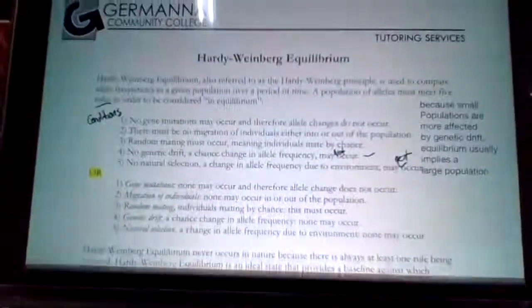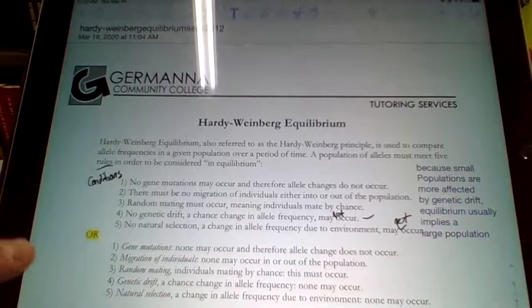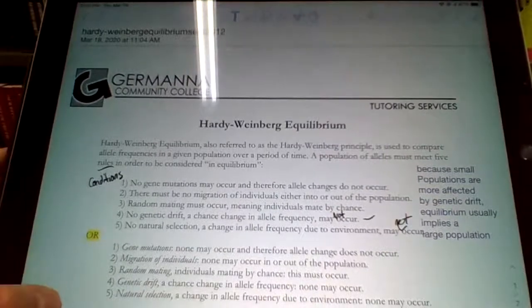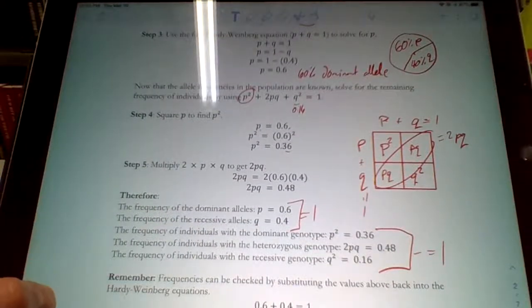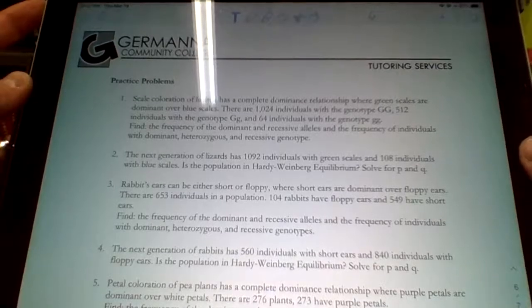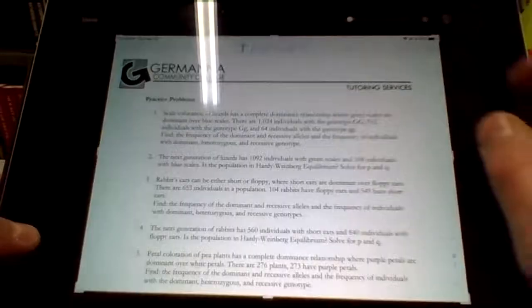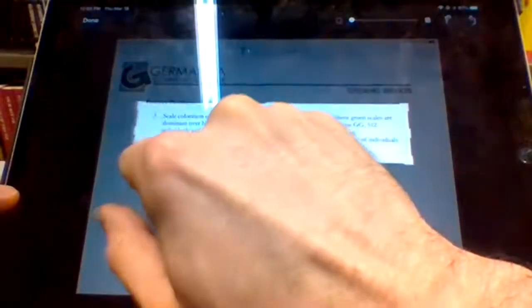Yesterday we started working on this booklet, this handout, and I posted this on the classroom. I'm going to show you a couple of different approaches. One of the approaches we're going to use is this device here to solve some Hardy-Weinberg questions. So I'm going to grab some questions. Let's grab one of these.